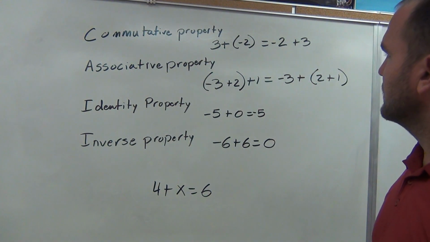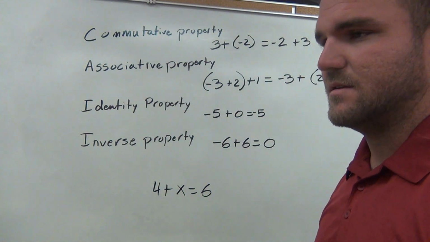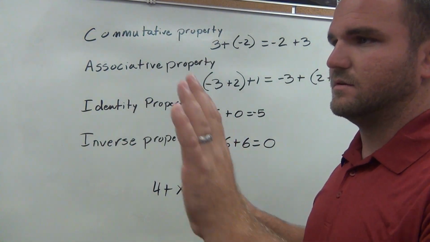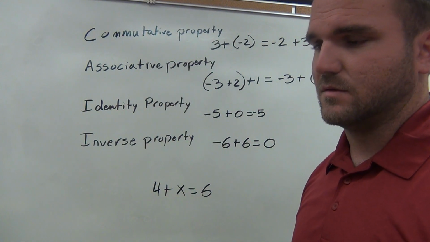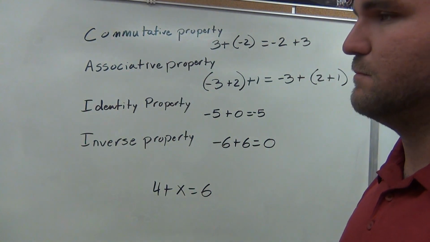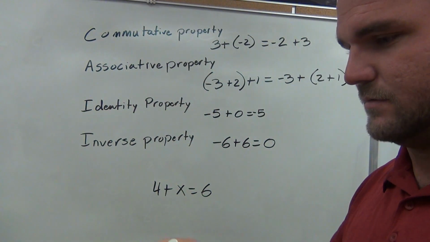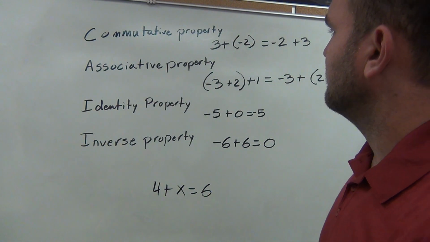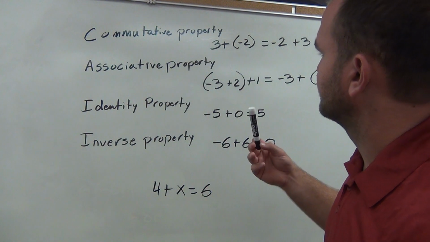So order of adding numbers doesn't matter. If you watch some of my other videos, we use the number line, and you're putting a negative number and a positive number, or two negative numbers or two positive numbers, whatever the case may be, and you're trying to add those together. It doesn't matter where on the number line it is.